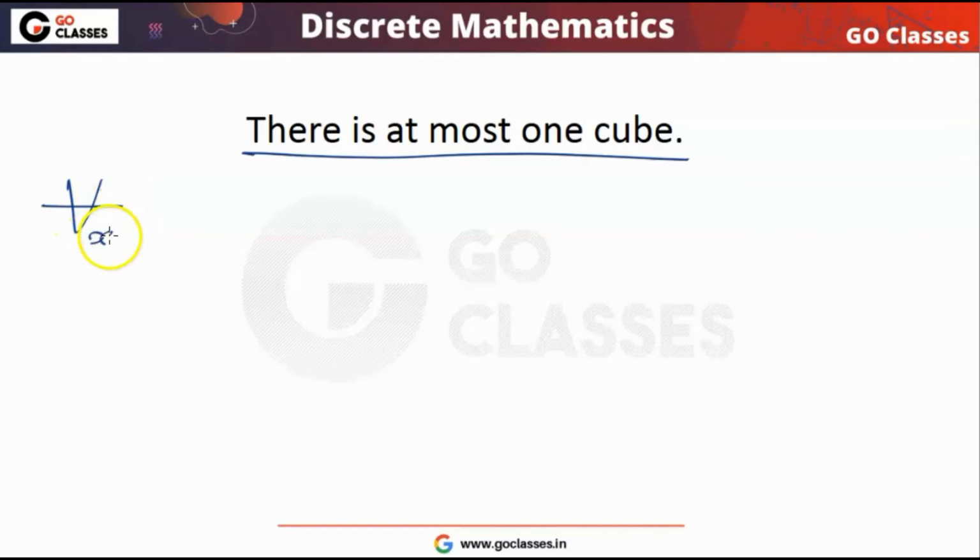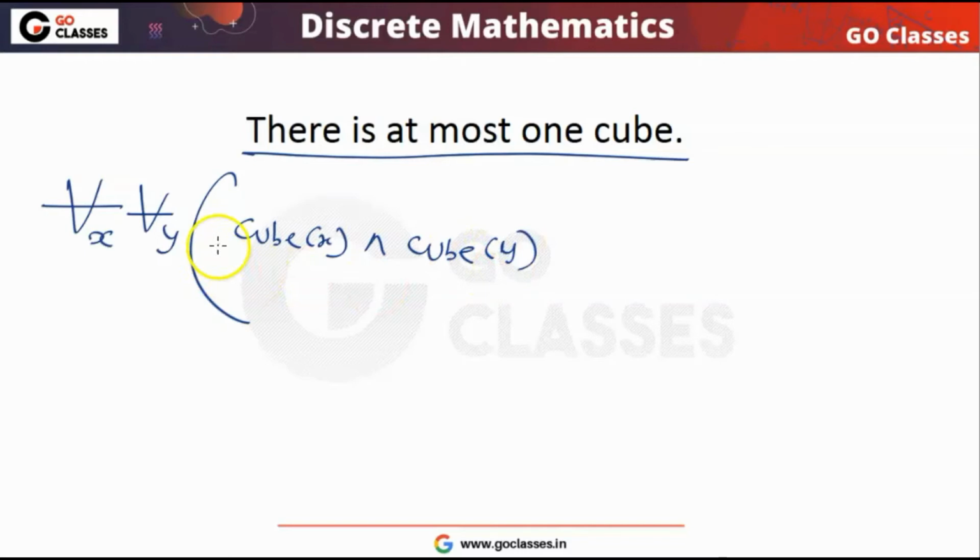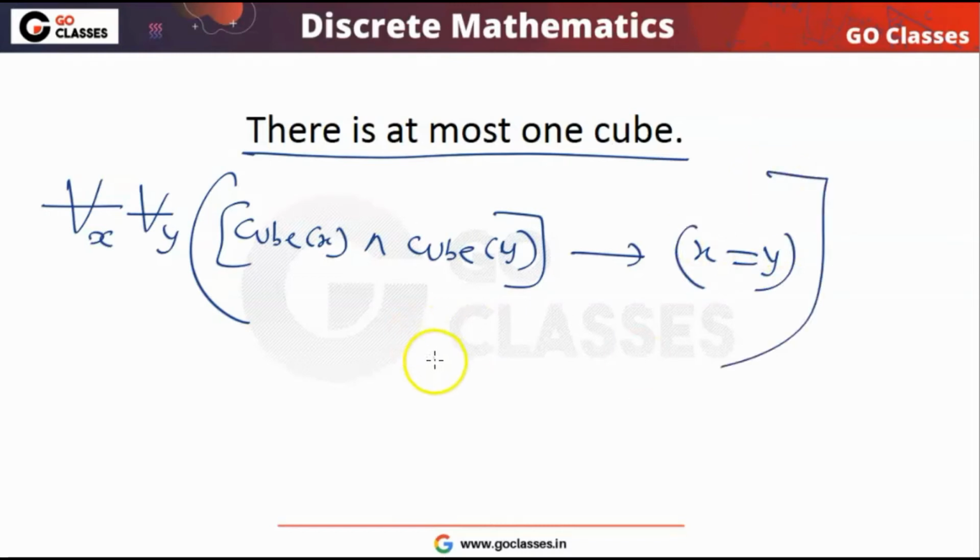So this is what I want to say: for all x, for all y, if x is a cube and y is a cube, then they must be the same. This is how I can write it. Very simple. We are saying that there is at most one cube.